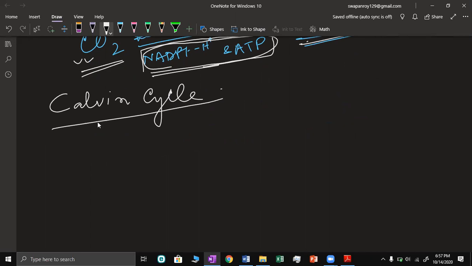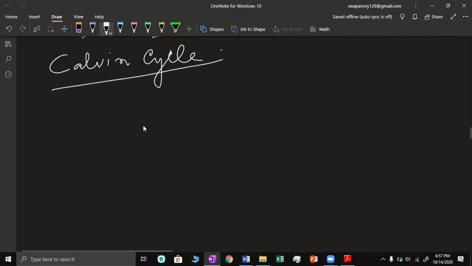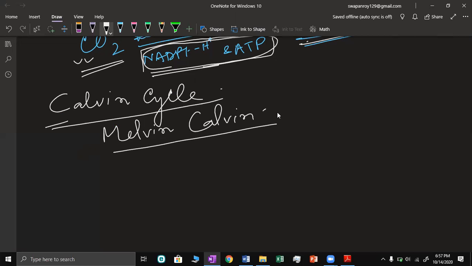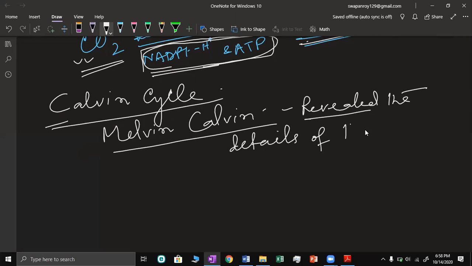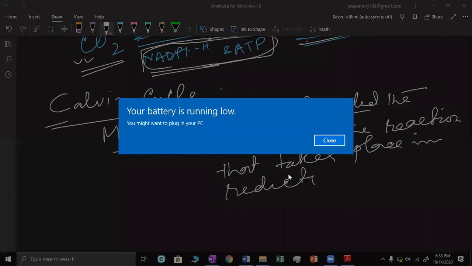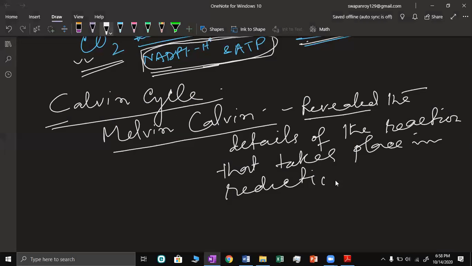It is known as the Calvin cycle because the biochemist Melvin Calvin actually revealed the details of the reaction that takes place in the reduction of carbon dioxide.